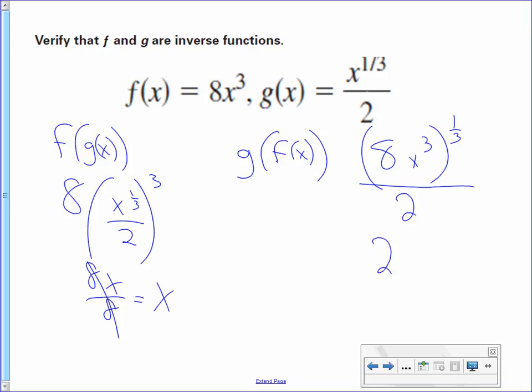And the cube root of x cubed is x. And 2 divided by 2 is? Are those inverses? Verifying that they're inverses, all you do is you substitute one in for the other, and the other one back in. And if you wind up with x for both, you're good. Okay?